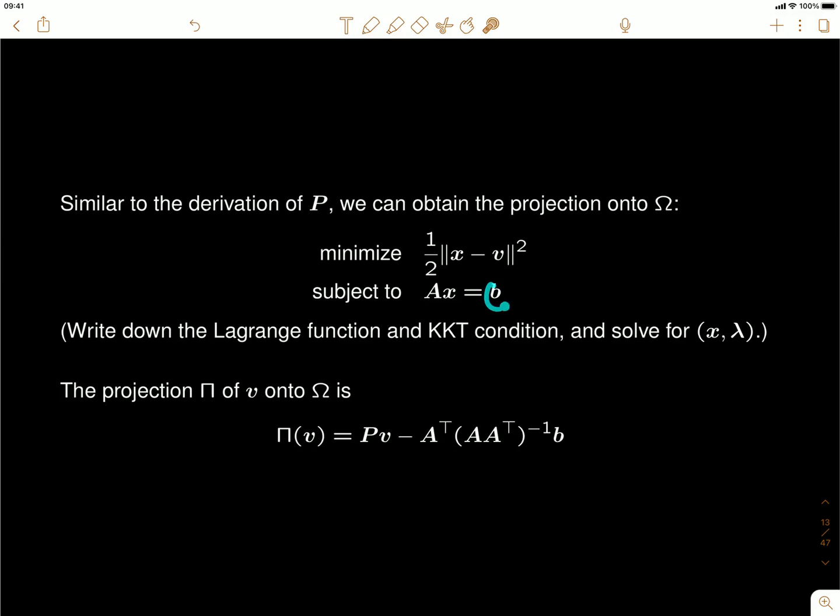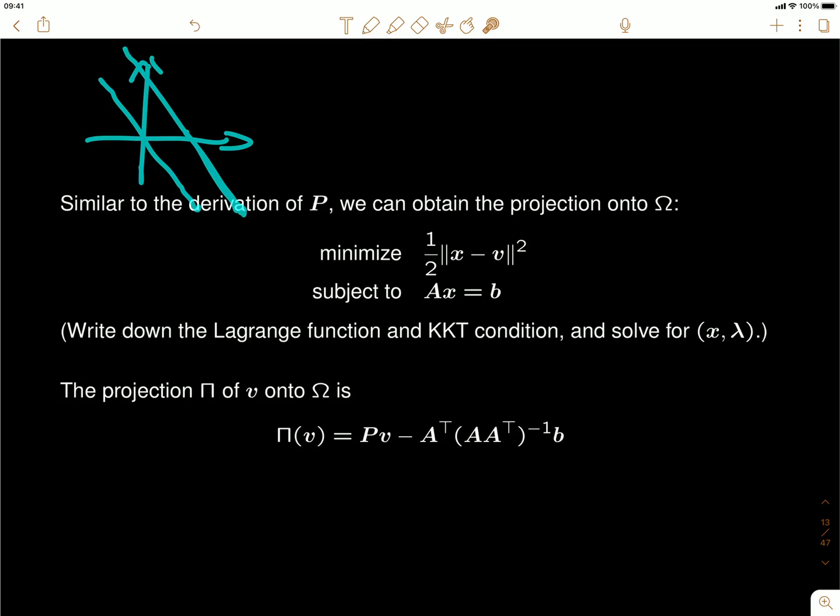The x is just P times v as we did before, but minus this term. If it's just a 0, then we will just have the Pv here. But if there's a b here, then we need to subtract the additional term like this. And this will be our projection onto this hyperplane. So remember that originally we were projecting onto this hyperplane, but now suppose that b is non-zero, so it will be a shifted hyperplane.